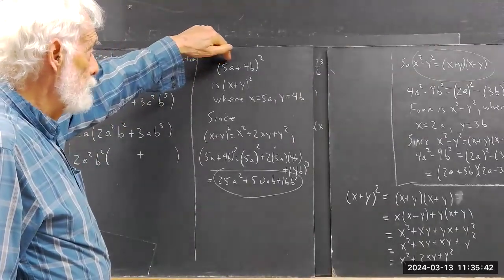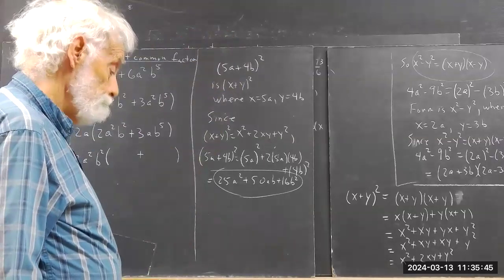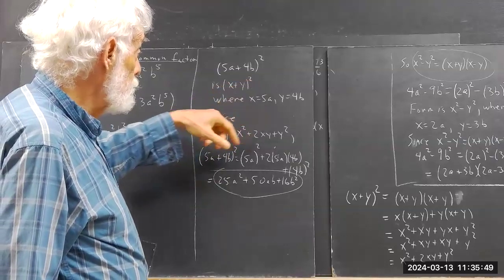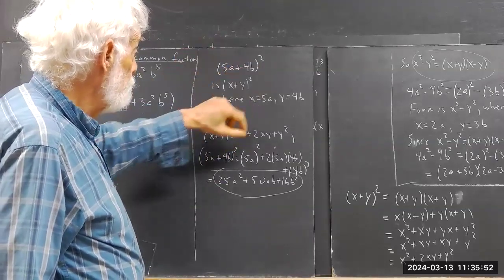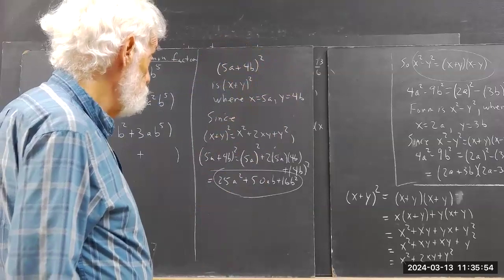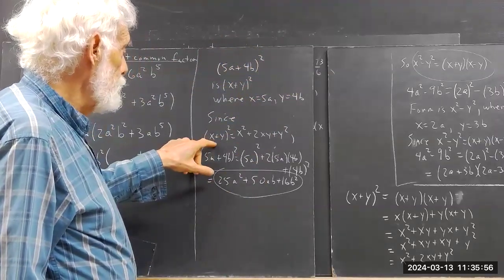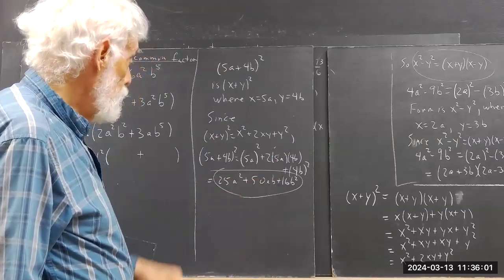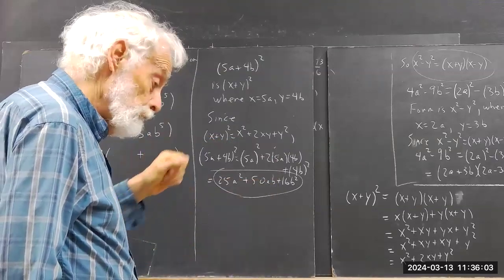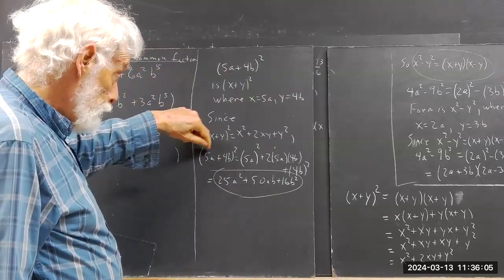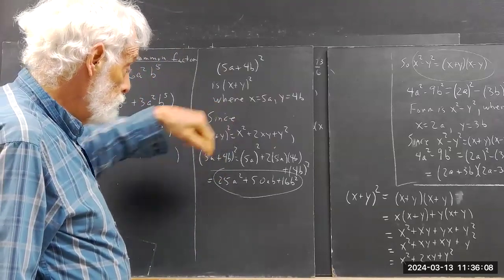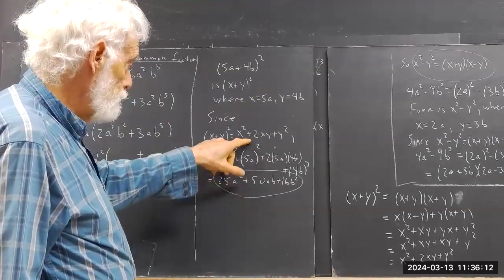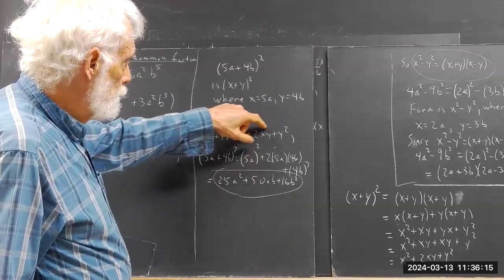Then, for example, if we want to square 5a plus 4b, this is just like x plus y squared, where x is 5a and y is 4b. Since the quantity x plus y squared equals x squared plus 2xy plus y squared, the quantity 5a plus 4b squared equals x squared, x is 5a, so that's 5a squared, plus 2xy.